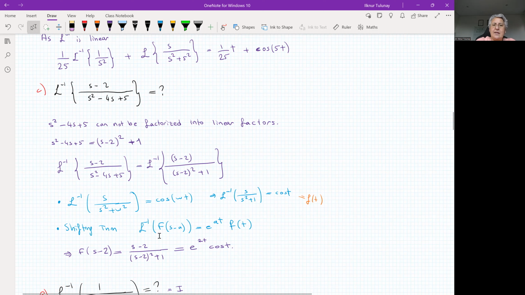The shifting theorem says that if we have a function F(s minus a), then we need to shift our function with the exponential function e to the at. This is the shifting theorem that we've seen. Okay, that means F(s minus 2), right? This is what it is: s minus 2 over (s minus 2) squared plus 1.